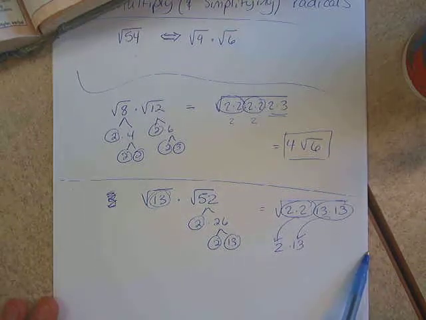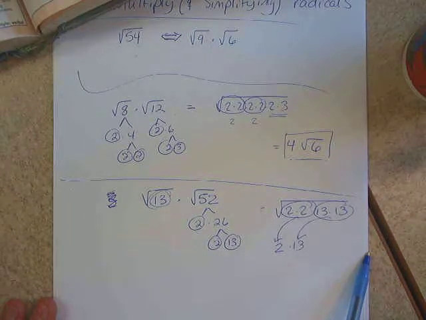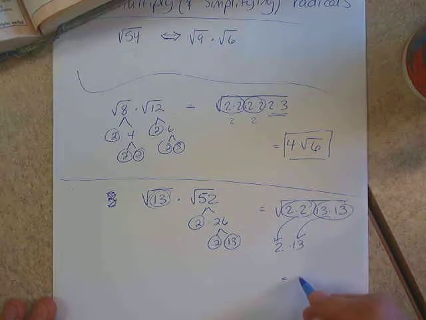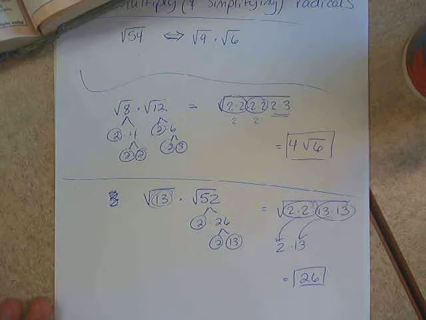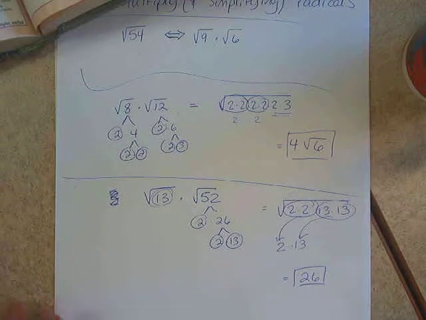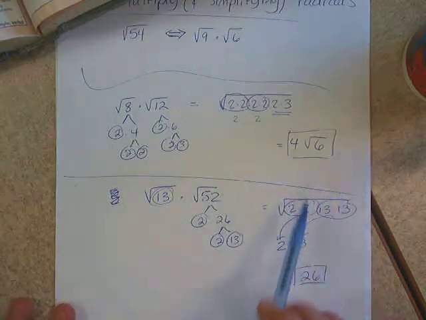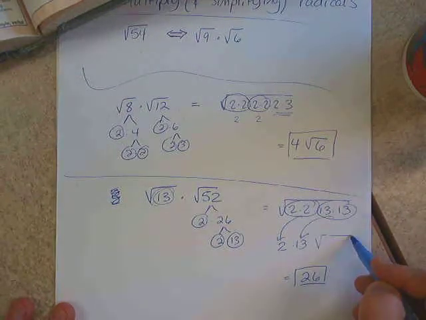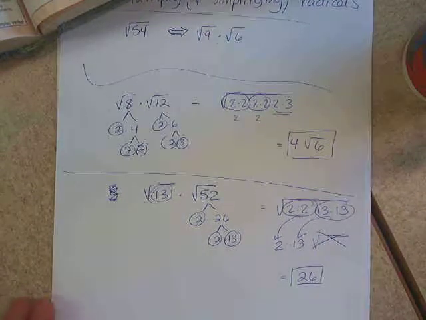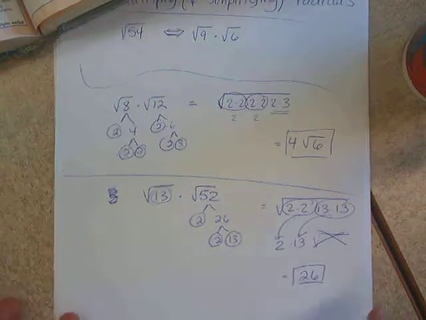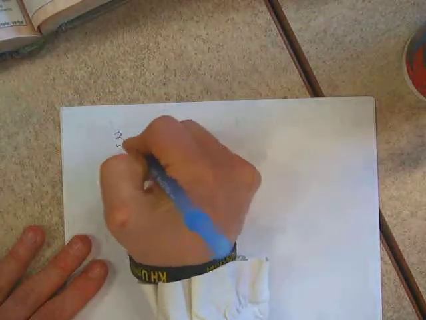No. So the 2 comes out, and the 13 comes out, and we don't need the radical because there's nothing left in it. So our answer to this would be 2 times 13, or 26. Do we put the square thing on the 26? No, because if we said, okay, here's the radical, what stays in it? Nothing. So we don't want the radical.